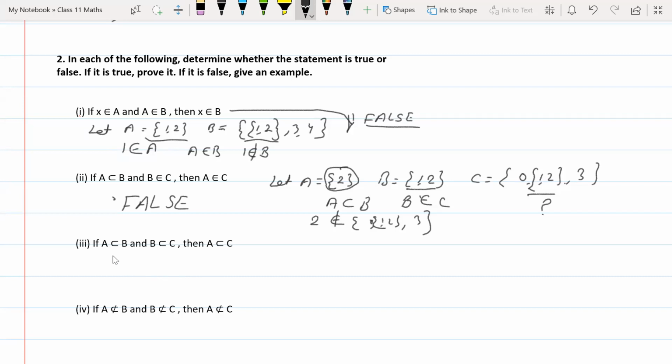Let an element X belong to A. It means this X also belongs to B, because of the property that A is a subset of B.